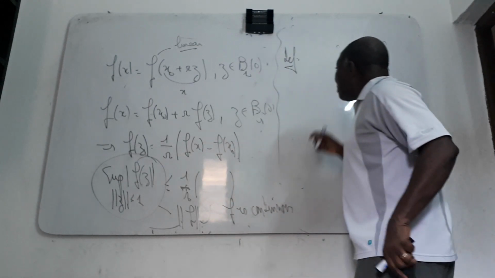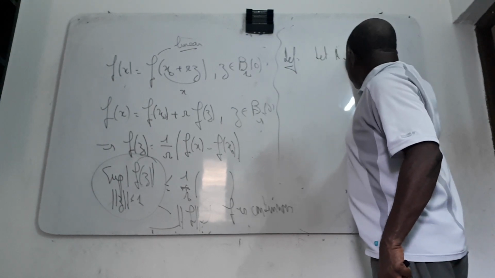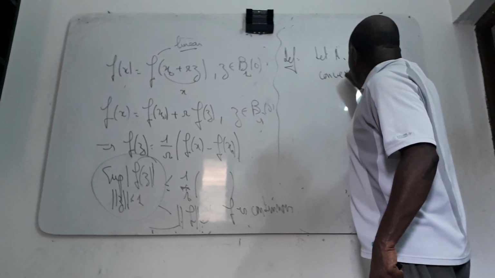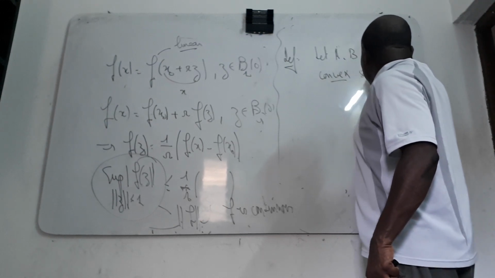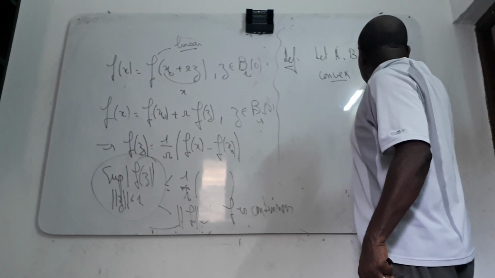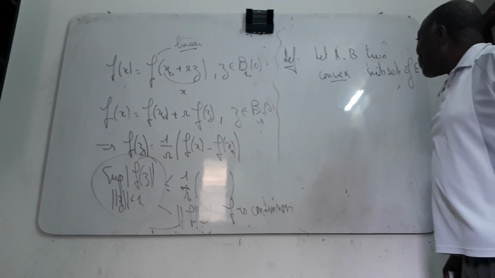First of all, we suppose that A and B are two convex subsets of E, such that this follows.